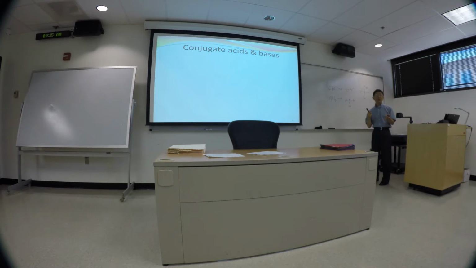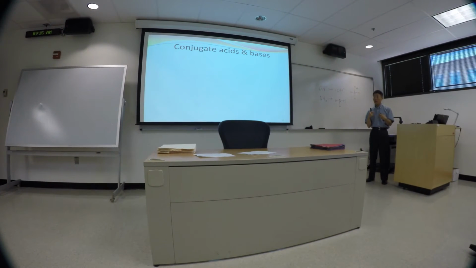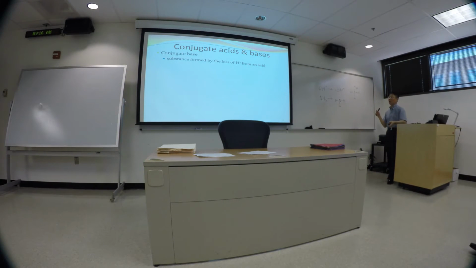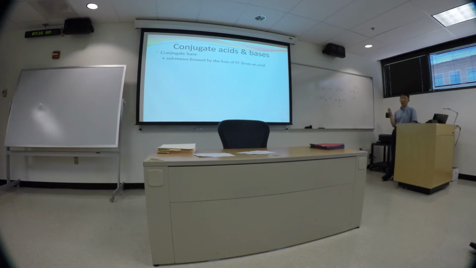What happens to the species that result from the donation of the hydrogen ion, or the acceptance of the hydrogen ion? We use the terms conjugate acid and conjugate base to call those species after the transfer of the proton is finished. A conjugate base is a substance formed by the loss of a hydrogen ion from an acid.